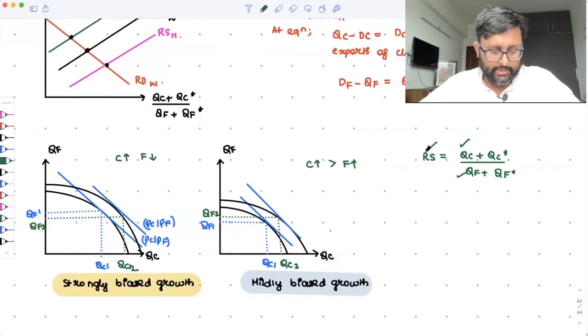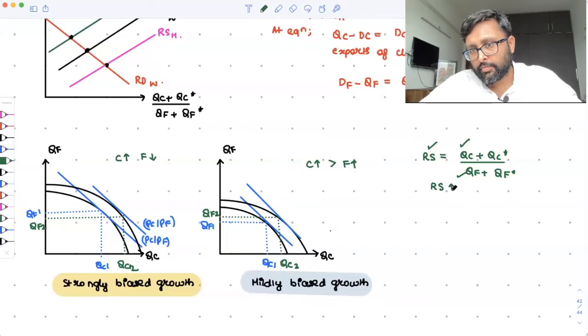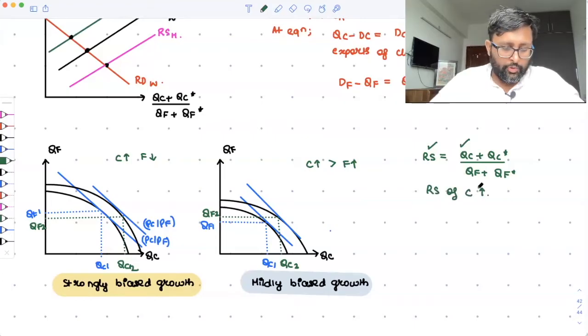So again, this guy is increasing. Your relative supply of cloth is going to increase. Write it like this. Or you can say the world relative supply of cloth is going to increase ultimately, assuming these two are not changing, whatever.